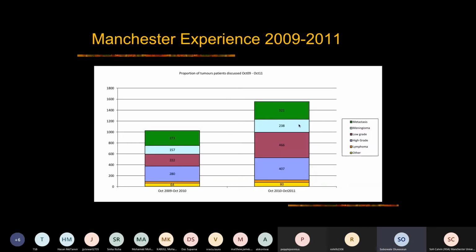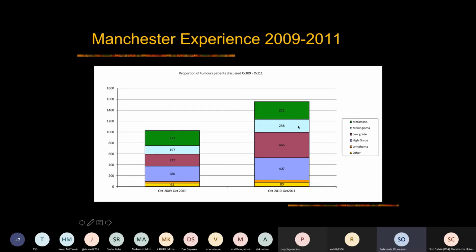So back in late 2009, we went through all the tumors presented at the MDT and found out what the commonest tumors are. All common things are common. If you know what the common lesions are, most of the time these will be the differential diagnosis.